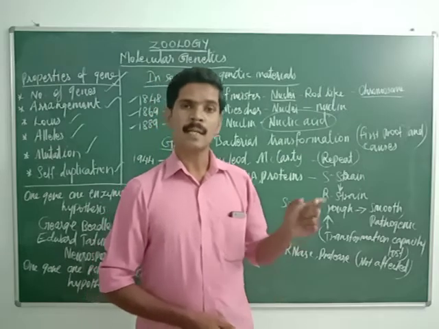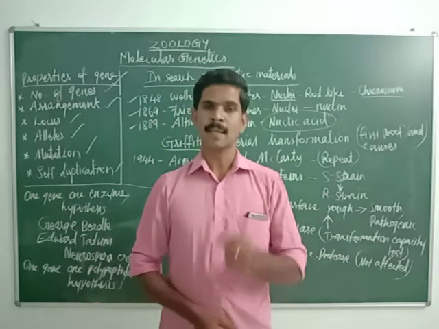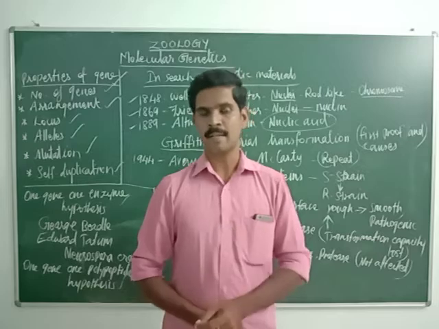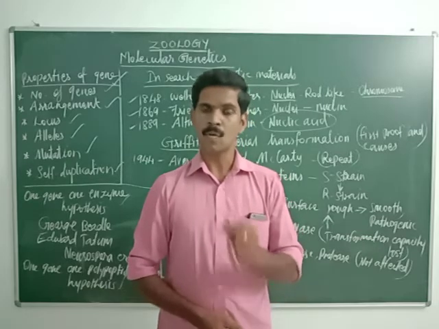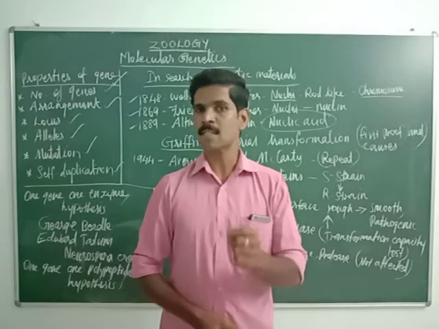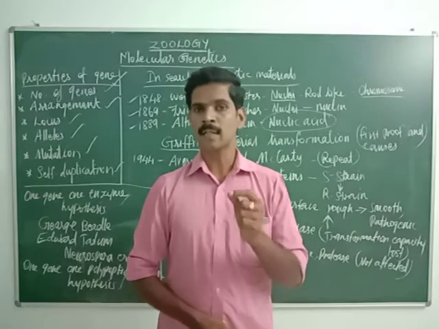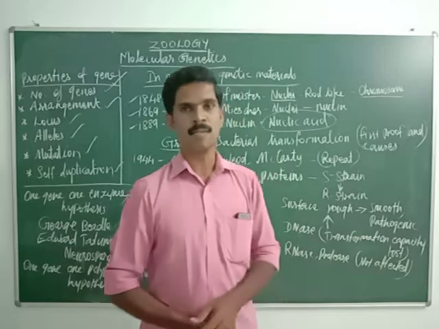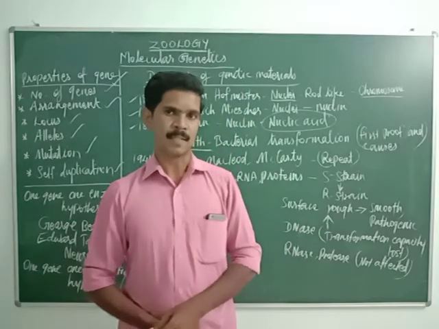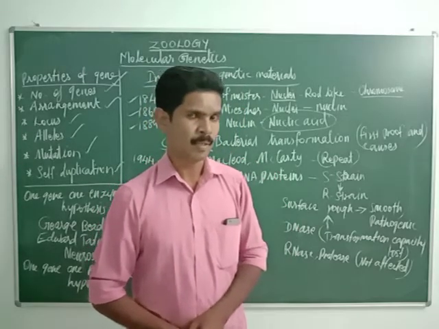Okay, but here one drawback is there. Griffith didn't know the reasons for this bacterial transformation. He didn't understand the causes of this bacterial transformation. Hope you understood this point.